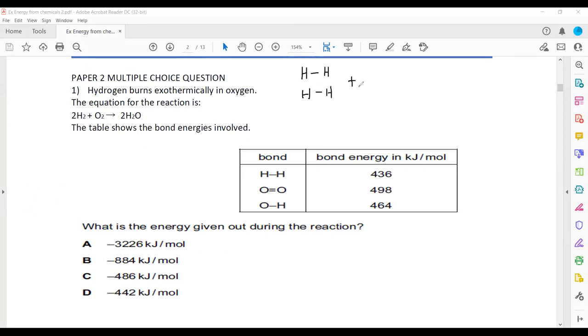Plus O2 means oxygen double bonded with oxygen. And then we have 2 water molecules. One water molecule has the structure H-O-H. Then the second molecule will also have the same structure, H-O-H. The reactant side will be the bond breaking, and the product side is the bond forming.